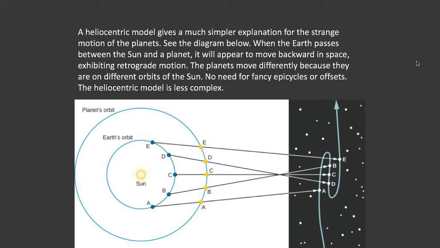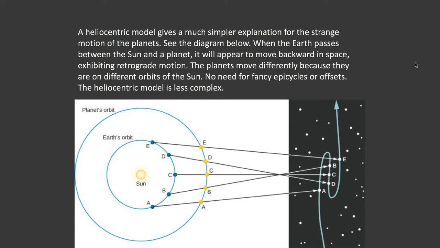But when you try to fit that model to what's actually happening with the planets, and the sun and the moon included, it has to be pretty complex, and that's where Ptolemy's model came in. Ptolemy's geometric model with the epicycles and the offsets. So to explain everything in the geocentric model gets pretty complicated. It's simpler when you just put the sun at the center.